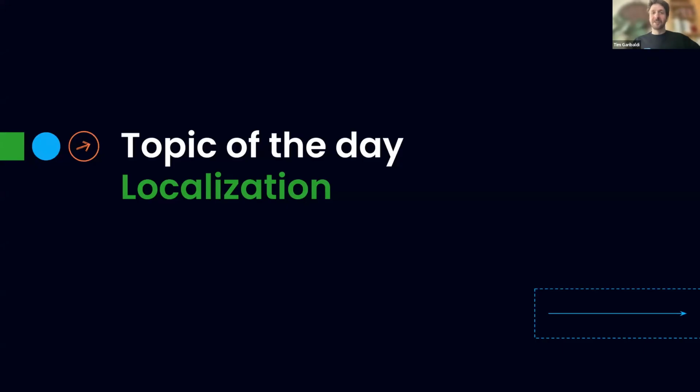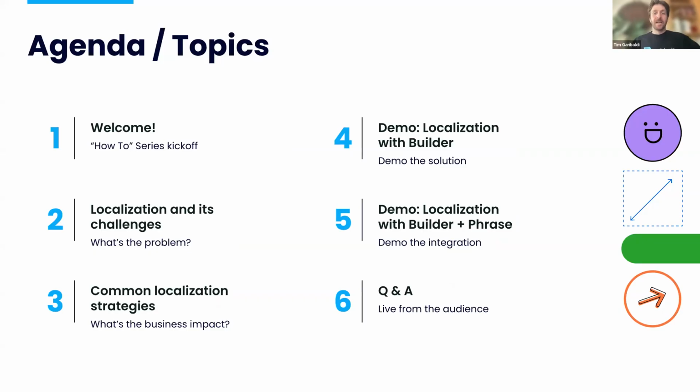So let's jump right in. Quick agenda for the next 30, 40 minutes here. So we just had our quick welcome. In a second, we're going to go through the topic itself, which is, of course, all things localization. We'll spend a few minutes talking about this problem, what it is, why it's such a pain, discuss what we see as some of the major issues and how Builder is working to solve them, right?